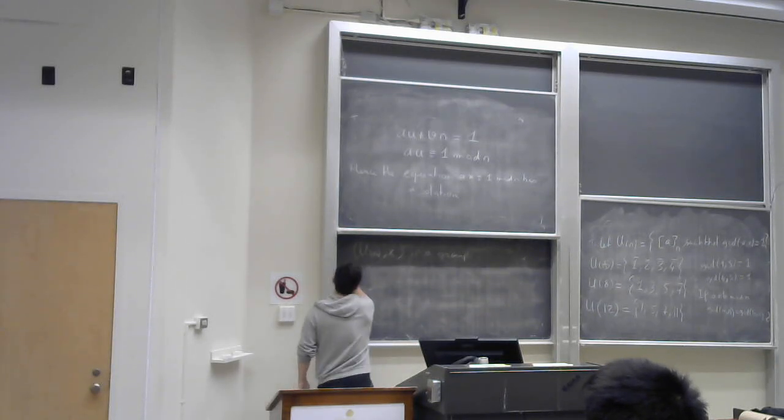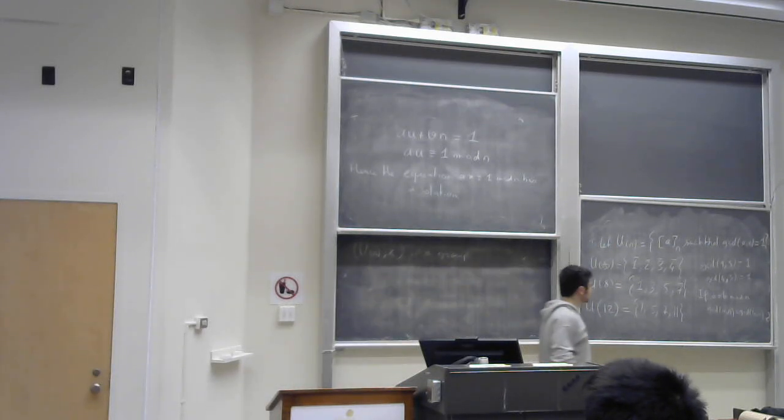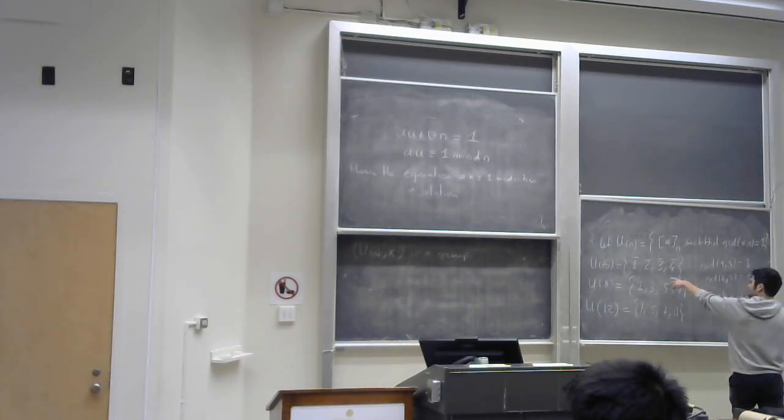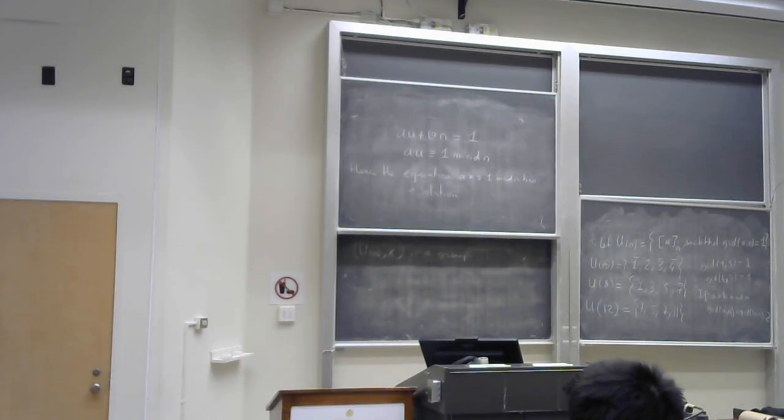Now I first need to check something. Is this actually closed under multiplication? If I multiply two numbers that are coprime to n, do I get a number that is coprime to n?